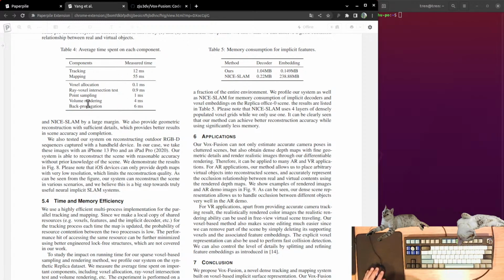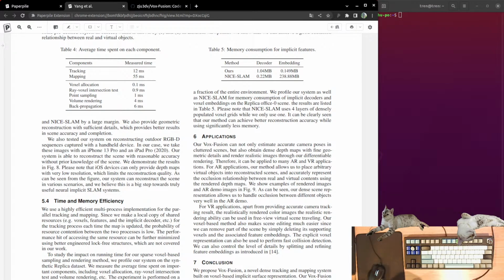Average time spent, volume rendering, back propagation. Yeah, kind of the most expensive part of this is the back prop. I wonder, yeah, maybe they could mess with the precision of the data types used in this network.